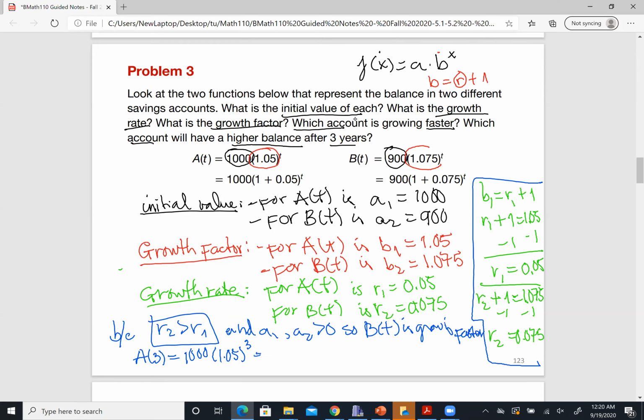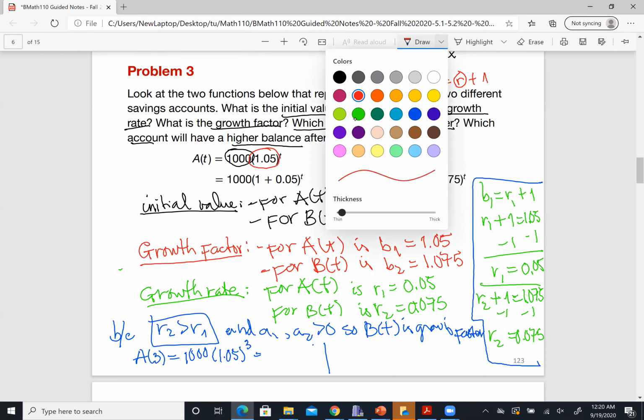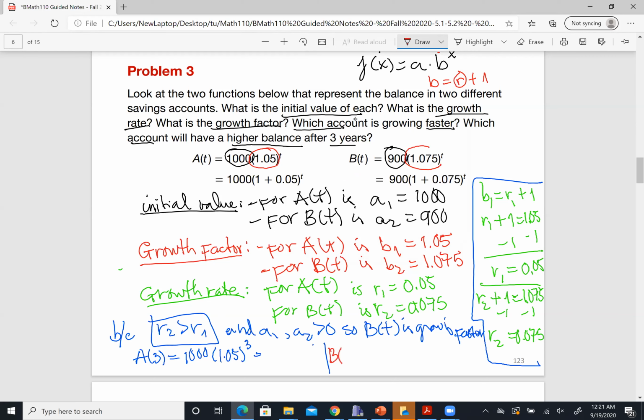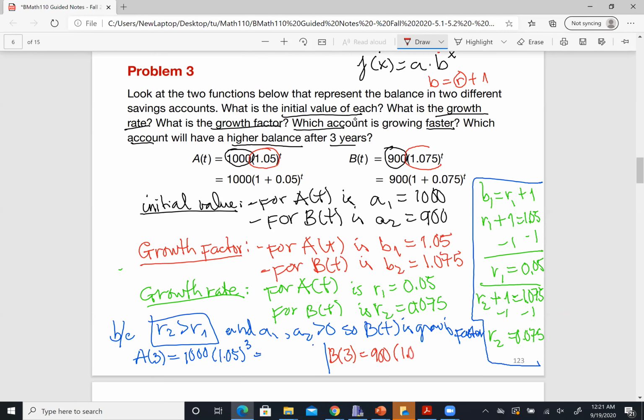What is that going to be? And then you want to try for B of 3 with 900 times 1.075 to power 3, and see what you're going to get.